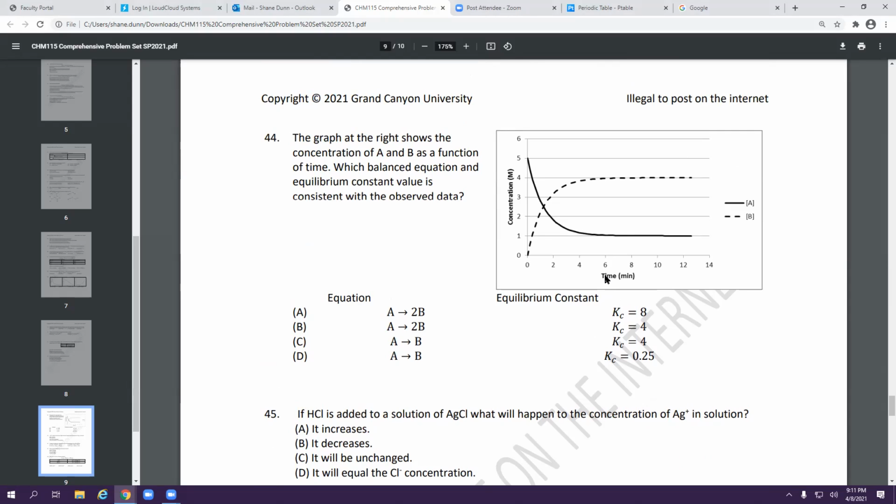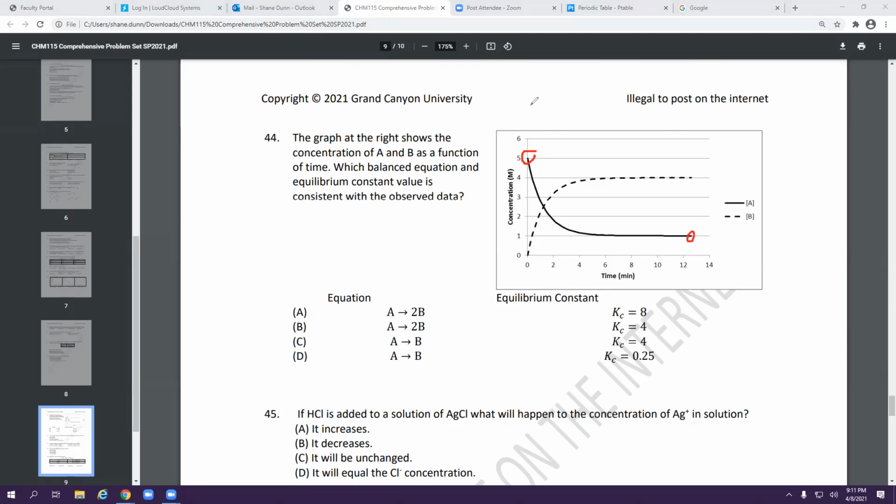So we have this weird graph, which is showing what's going on with A. It's decreasing. So is it a product or reactant? It's a reactant. It's used up. B is increasing, right? So B is going to increase. Let's look at concentration. I start off with 5, and where do I end up?